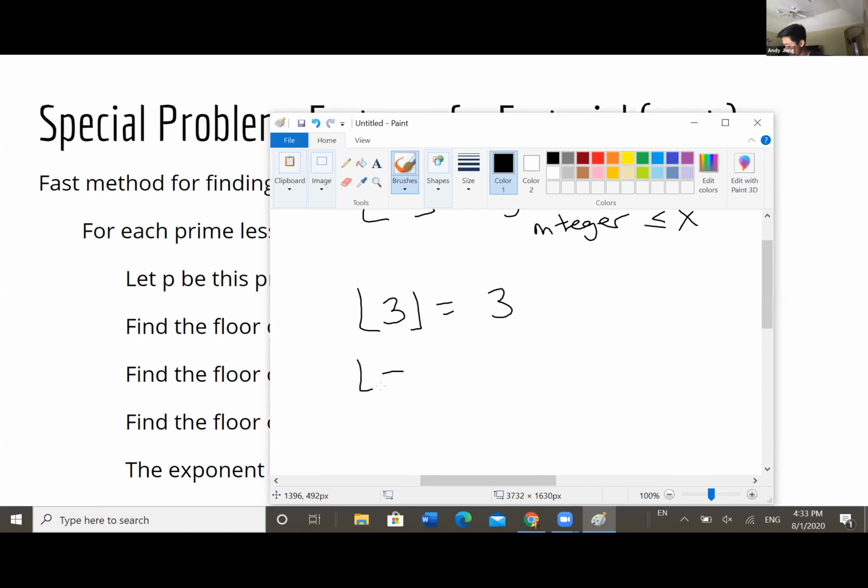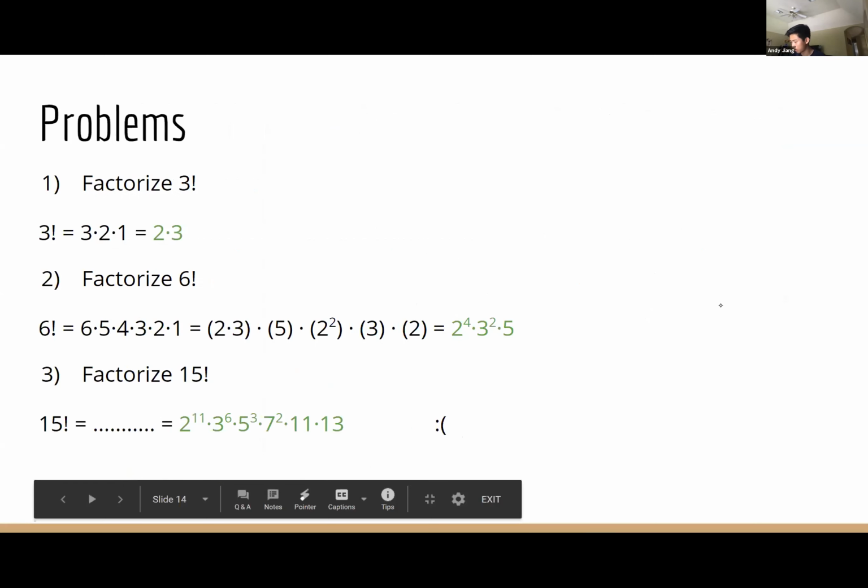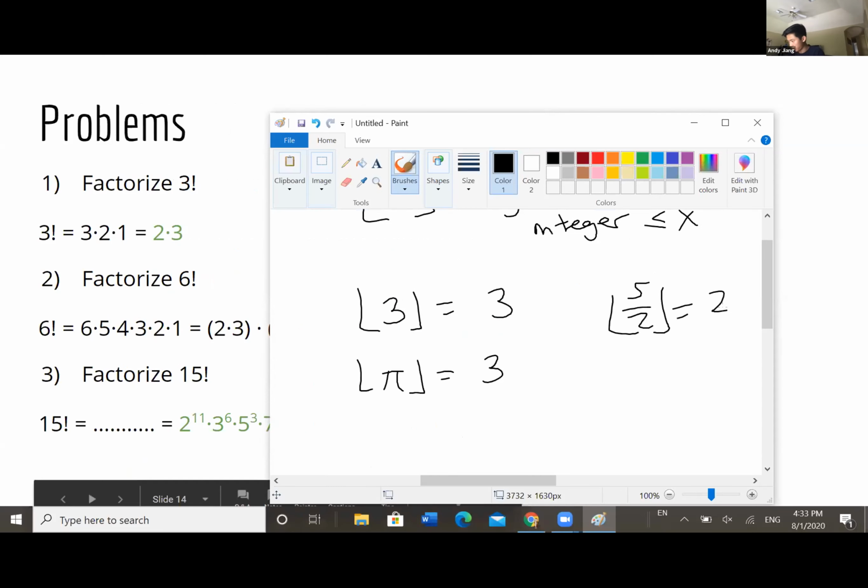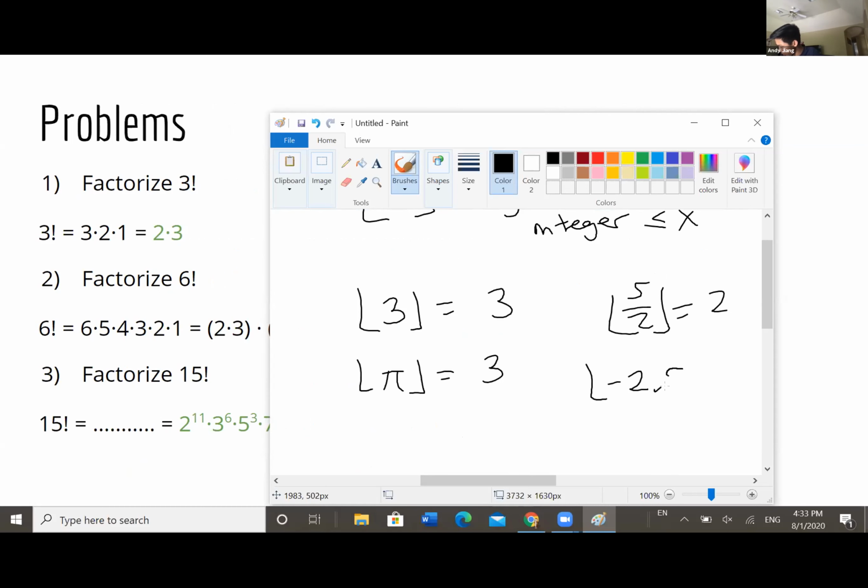The floor of pi is also 3. The floor of 5 over 2 would be 2. And the floor of a negative number, like negative 2.5, would be negative 3. Okay, so this isn't too important. I just want to make sure that we all know this definition. In the slides, I'll refer to it as floor.